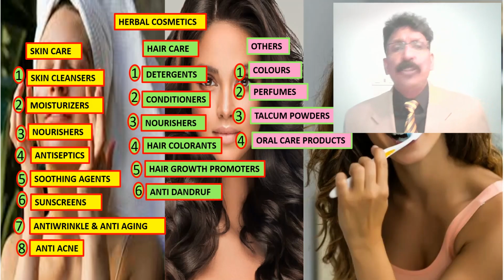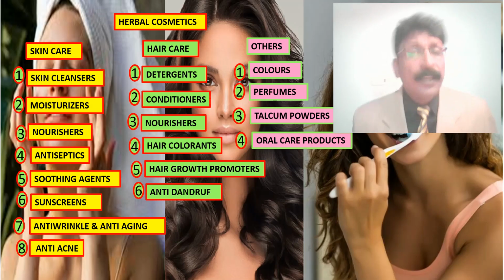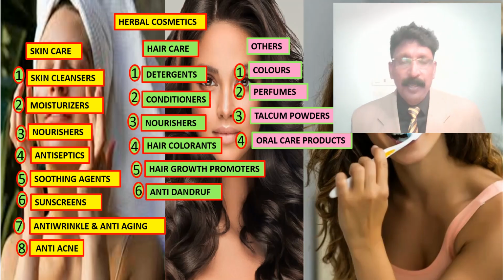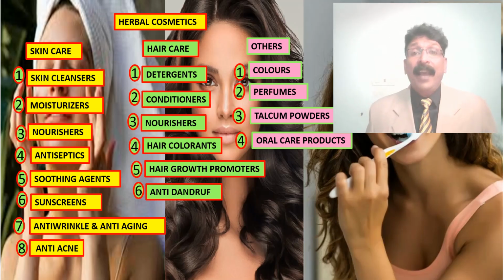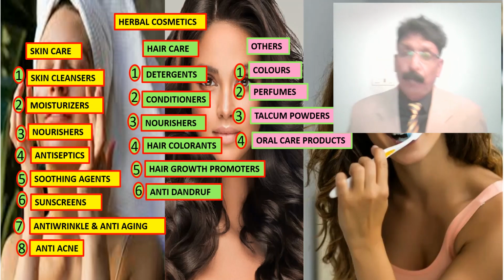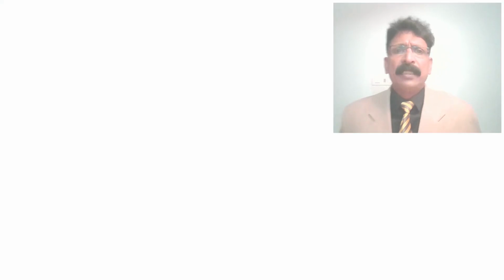So you see, this classification should be written when they ask a 10 mark question about herbal cosmetics. You should know that skin, hair, and others, in which we can have oral care products, are more dominating along with the perfumes. So this type of category we can make.